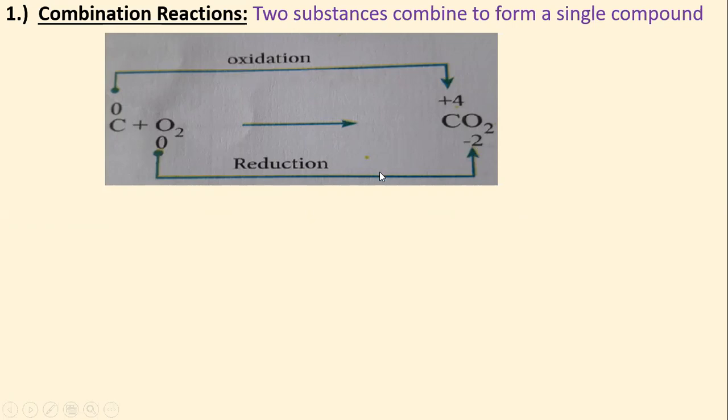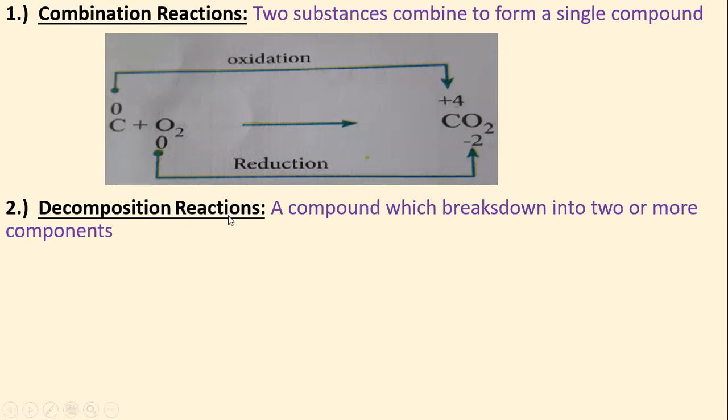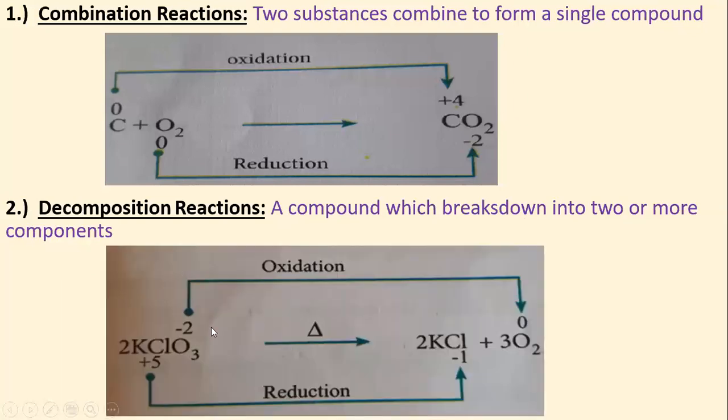See, now the next type, decomposition reaction. A decomposition reaction means a compound which breaks down into 2 or more components. They break down into a simpler form. Let us see one example. Here KClO3.